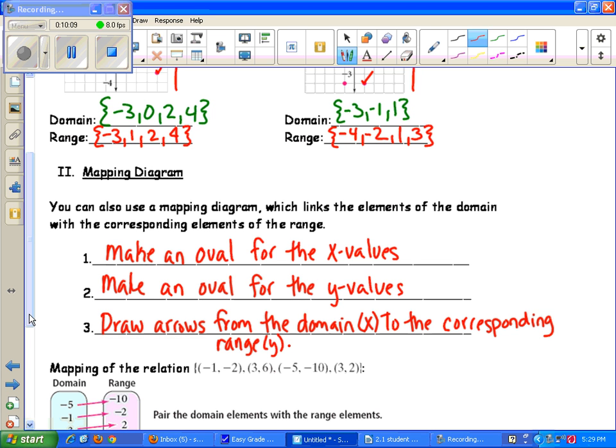So basically, whatever x coordinate, you draw the arrow to the corresponding y coordinate, so to which one that you have as the ordered pair.